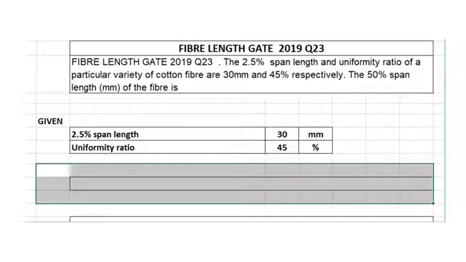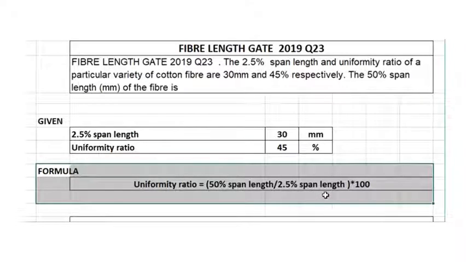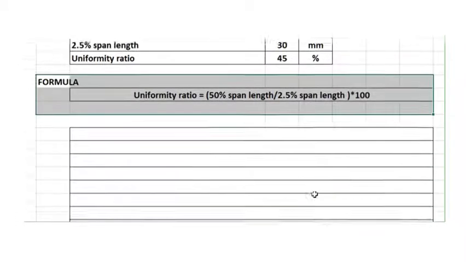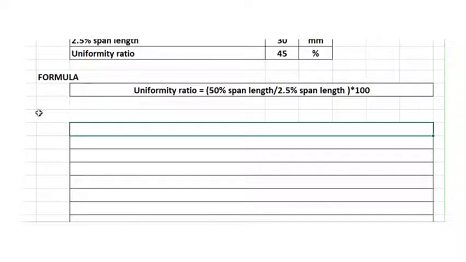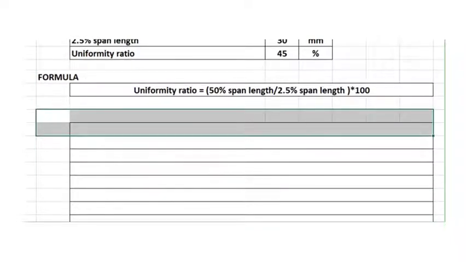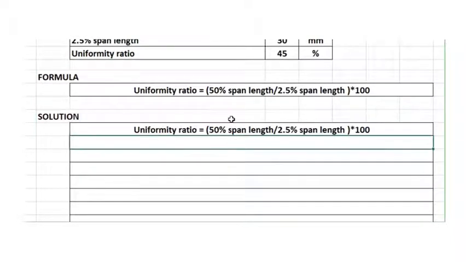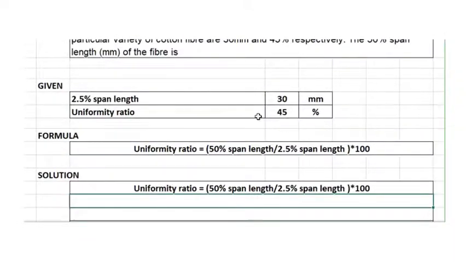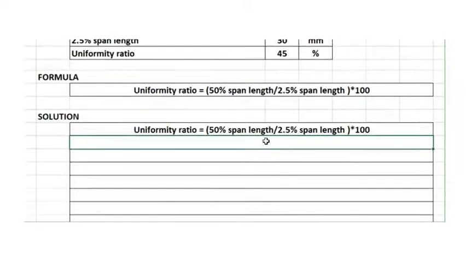The only and simple formula to find out the value for 50% span length is the uniformity ratio formula. Uniformity ratio is equal to 50% span length divided by 2.5% span length into 100. So now let us look into the solution. We know the values already for uniformity ratio and 2.5% span length.